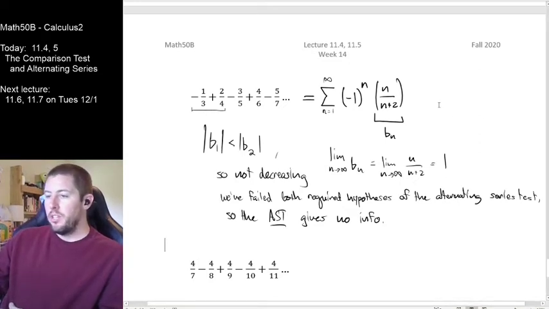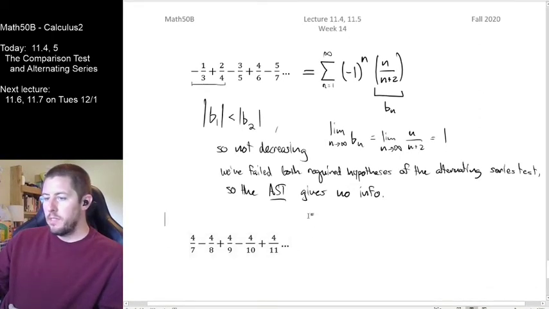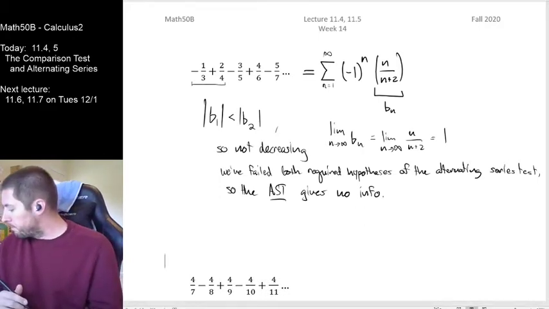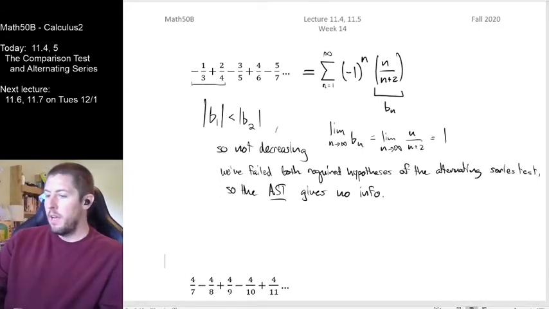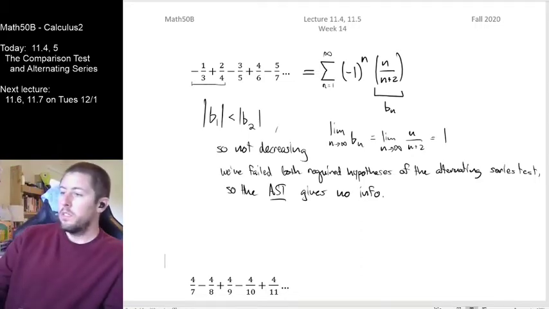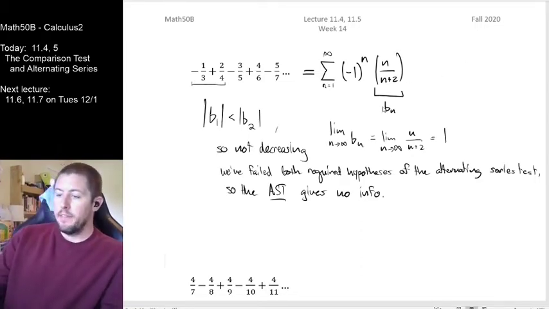But we actually know some things about this sequence based on the divergence test out here. So b sub n is the positive stuff.